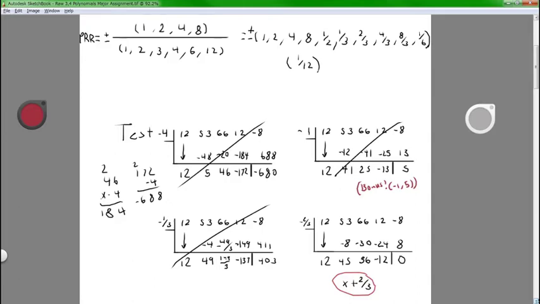So then I decided to try -1. So -1, drop down the 12. -1 times 12 gives you -12. 53 minus 12 gives you 41. 41 times -1 gives you -41, and 66 minus 41 gives you 25.